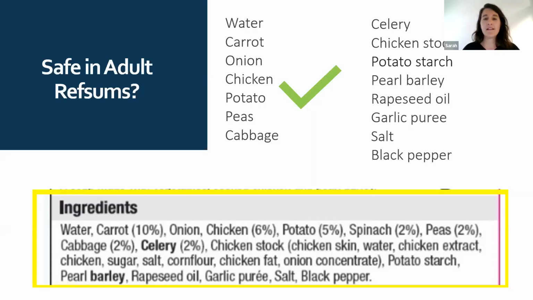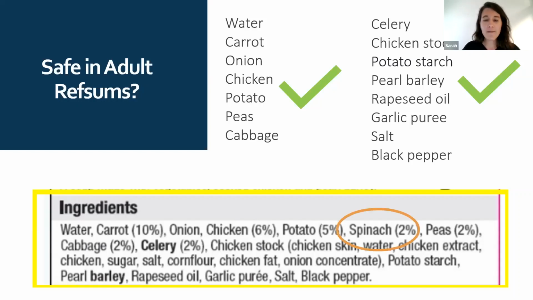They are all low in phytanic acid, free phytols, and phytyl esters, and therefore are safe to have. As are the products listed to the right: the celery, chicken stock, potato starch, pearl barley, rapeseed oil, garlic puree, salt, and pepper. So all of those would be fine to consume, and therefore that product would be okay.